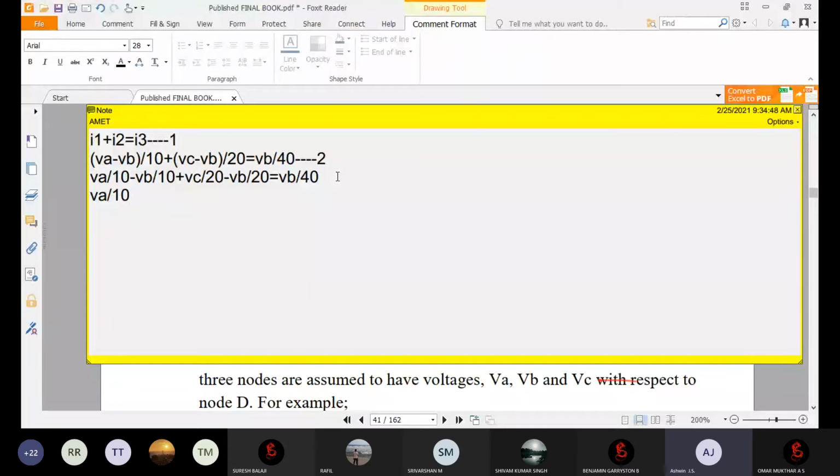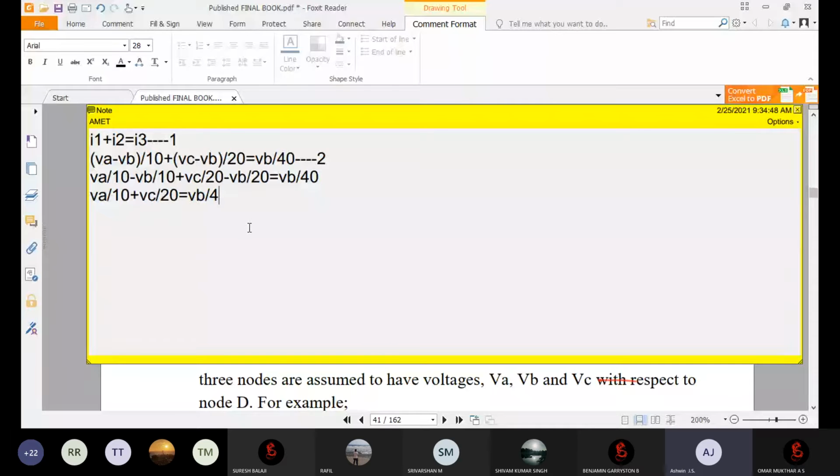I will take the left-hand side VB to the right-hand side, so it becomes positive. Only VC remains here: plus VC by 20 equals VB by 40 plus VB by 10 plus VB by 20.